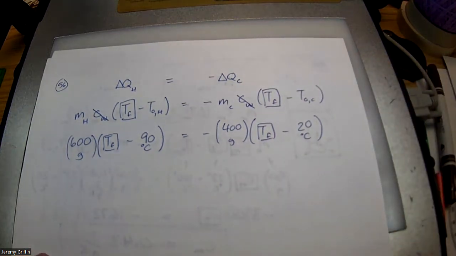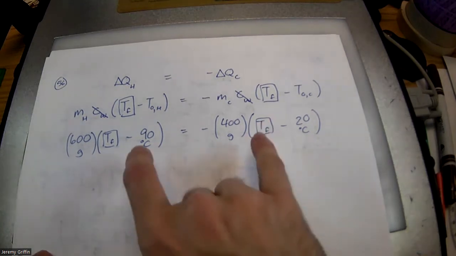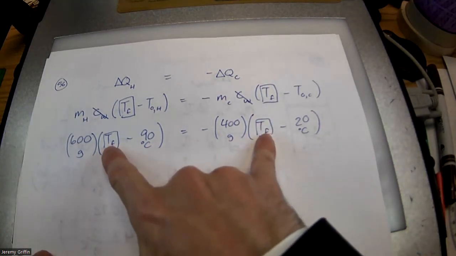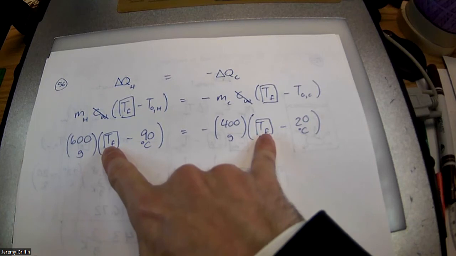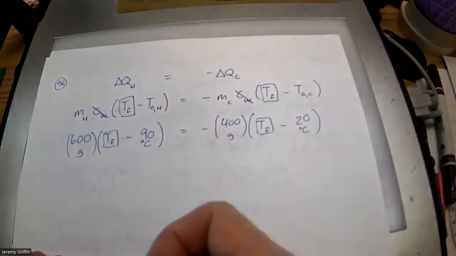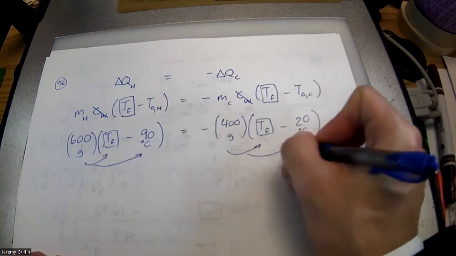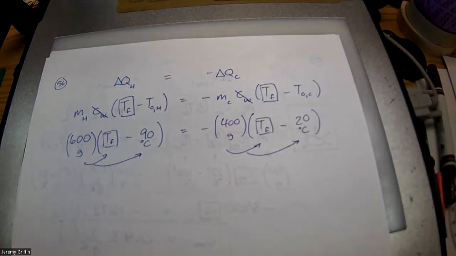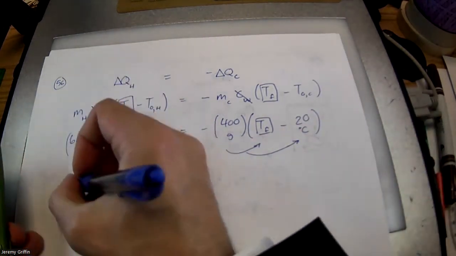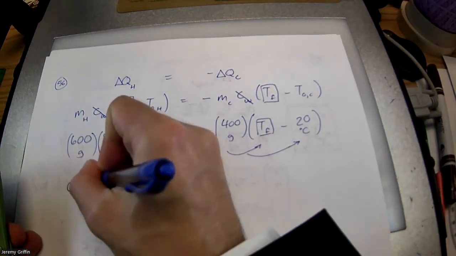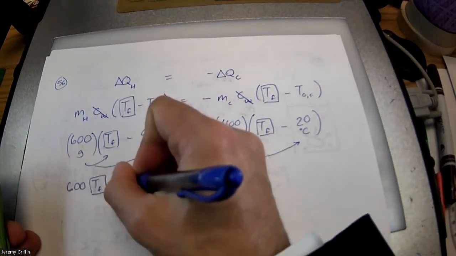Once you get to that point, do some algebra, like solving for x, well, T final. There are two places because they're reaching equilibrium temperature. They're both going to the same final temperature. So I might distribute. Let me try this distribution method. I'll drop my units just for a step here.